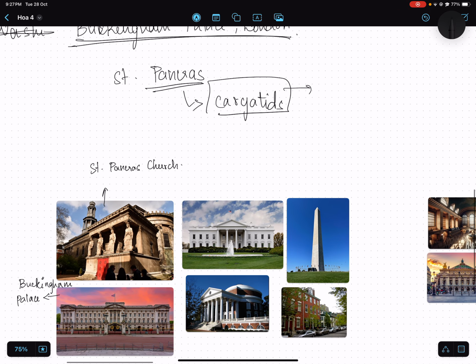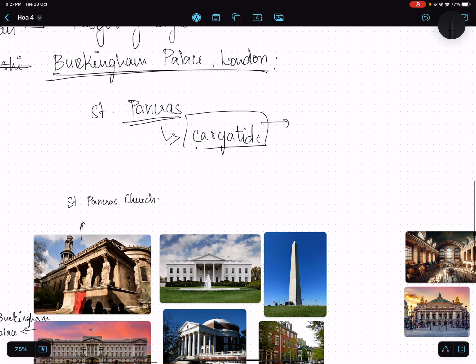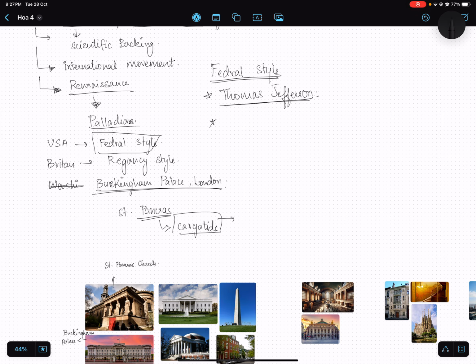And if you talk about Federal style, it was deeply influenced by Thomas Jefferson. And some of the features of it are low hipped roofs. Low hipped roofs are like this.